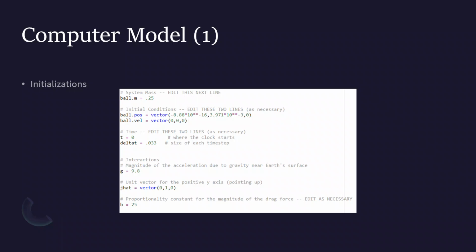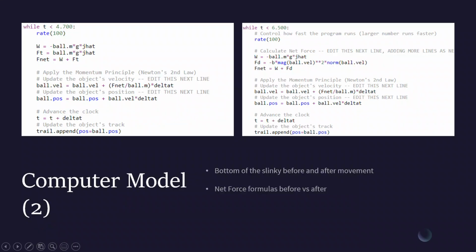It's pointing upwards, and the proportionality constant I got basically from guess and check, and I got it to be approximately 25. And so 4.7 seconds is when the slinky begins to fall, the bottom part.